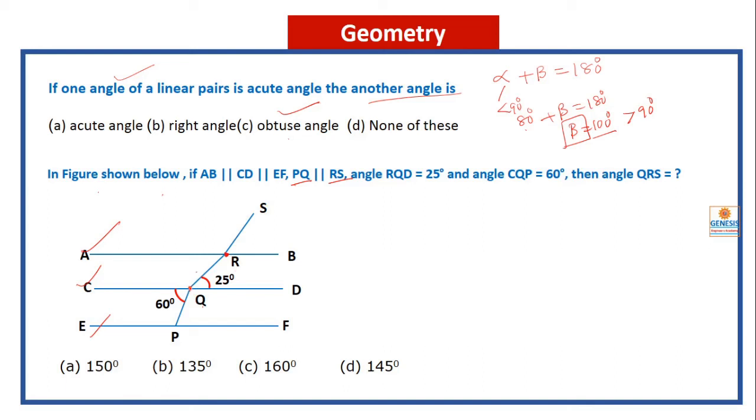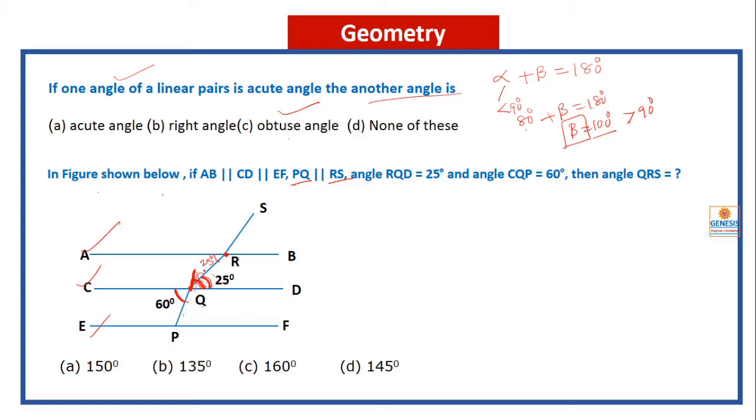So parallel means I have to extend this line in my figure. I can extend this, and what is this angle? If I extend this angle, considering this as the opposite angle, the total angle of this is 60, and it is 35. Okay, it is 25, so it can be 25 because they are alternate angles.